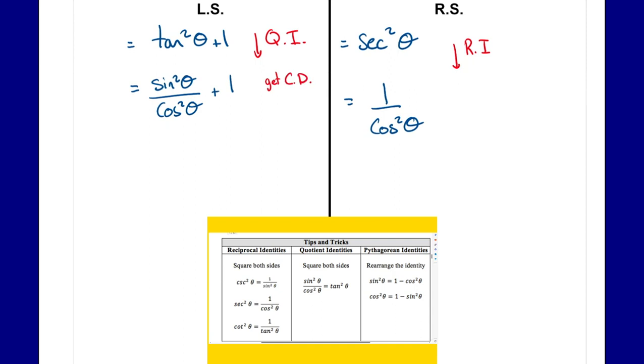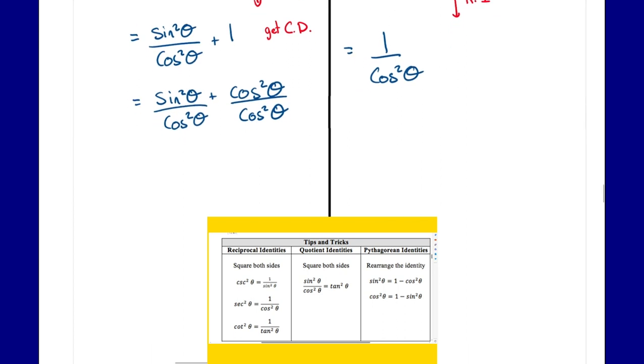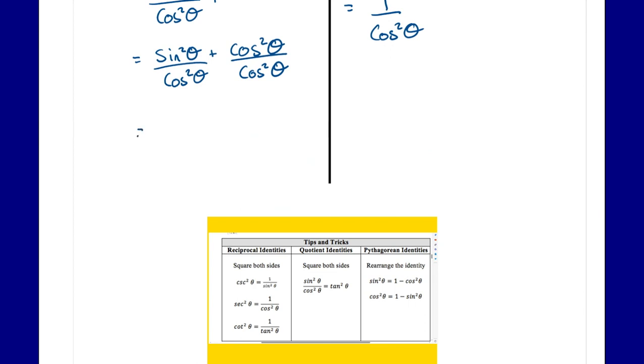So for a common denominator, I need to have cos squared theta, so 1 is equal to cos squared theta over cos squared theta. Right, so just rewriting that there. Got a common denominator, because now I can add these two fractions together.